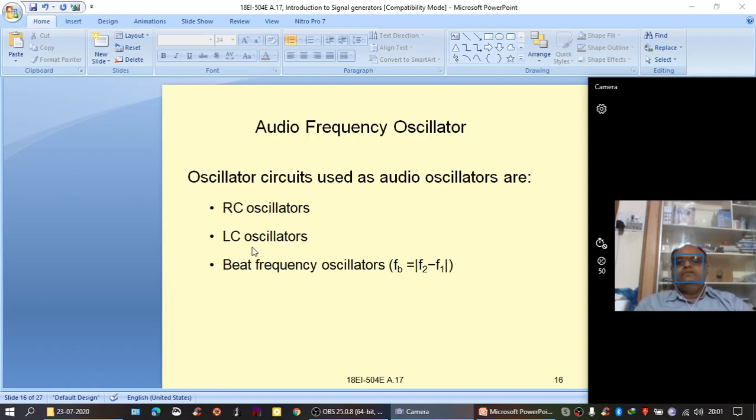In these circuits of oscillators, we use inductors and capacitors. And the third one is beat frequency oscillators. This is an entirely different category of oscillators. We will see about this after RC and LC.